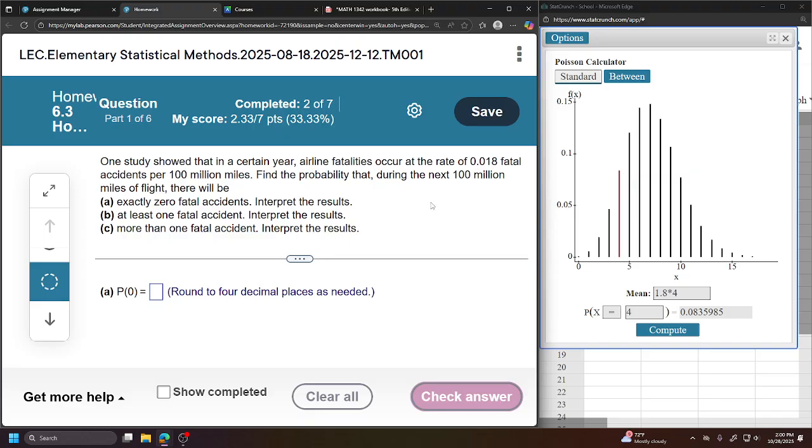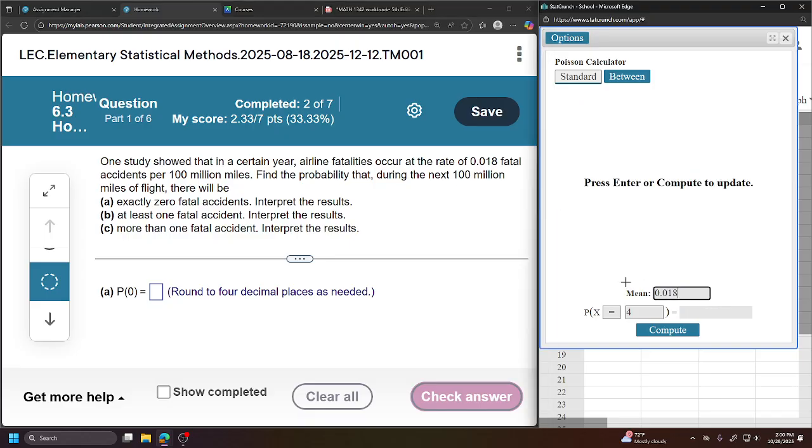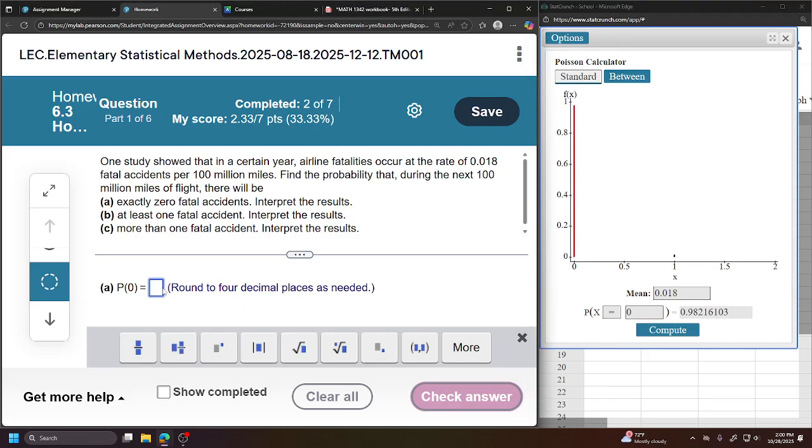That's the same thing. So I want to just make sure we set it up here, though. So we got 0.018 per 1 million miles. And they're saying the next 1 million miles, exactly 0. So I think I'm going to leave it literally just as it is. Put in a 0, and we got some numbers. Let's try it out. 9822.